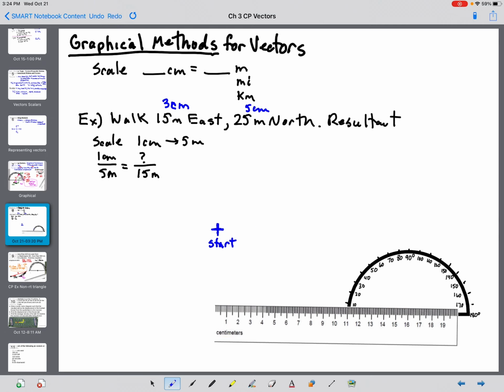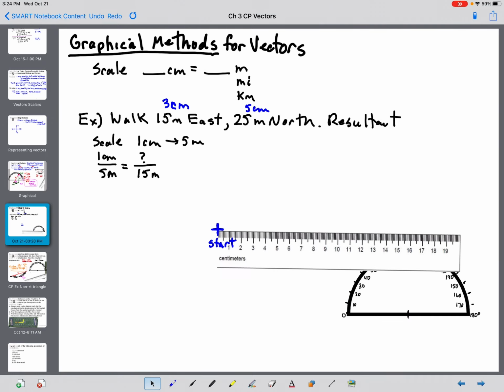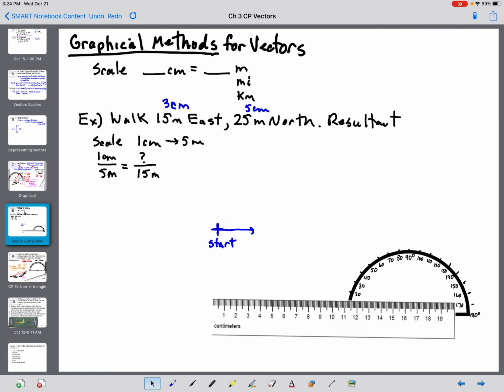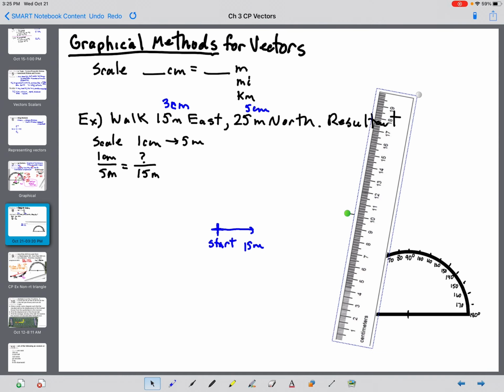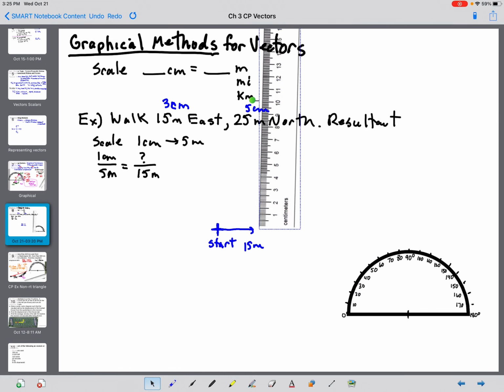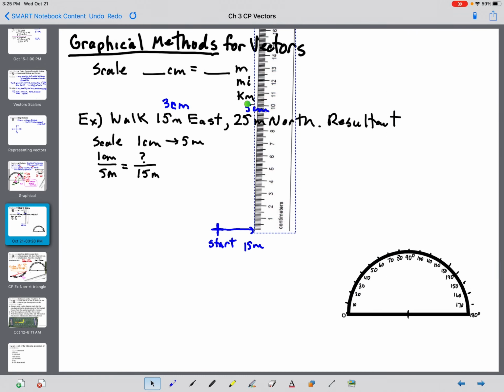Let's try that again. So there is my line, and I'm going to label it 15 meters. Now, the next line we need to draw is one that goes north. So we're going to take our ruler, rotate it, and head to tail, we're going to draw a 5 centimeter line in that north direction.